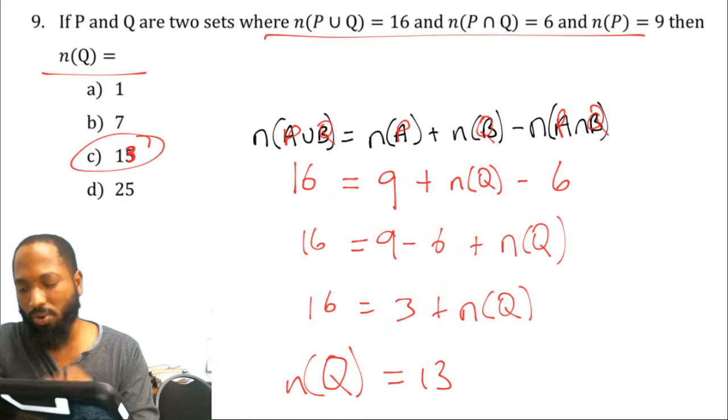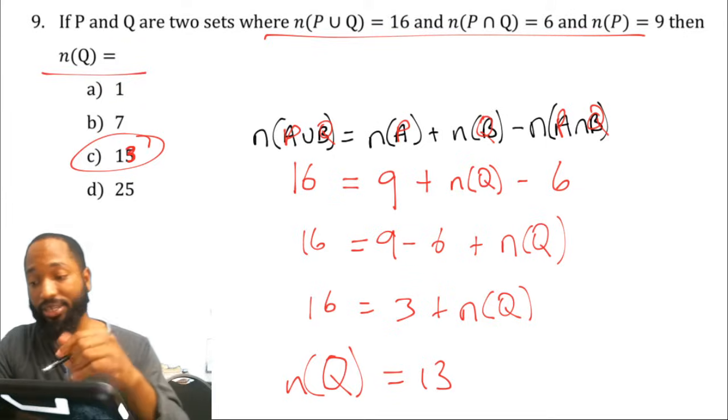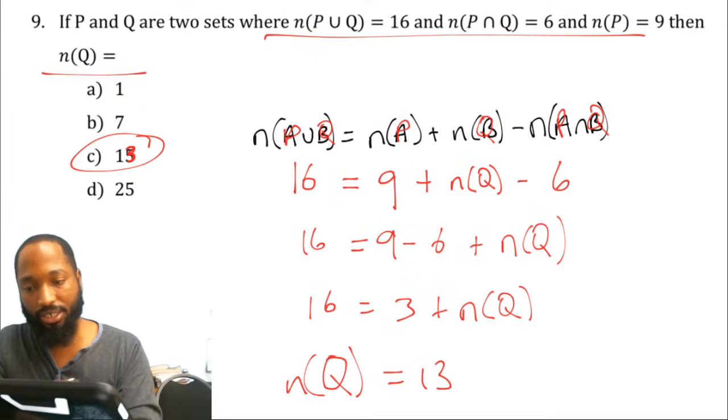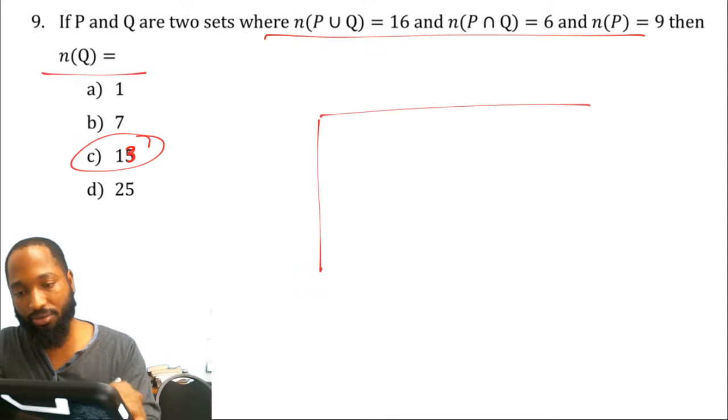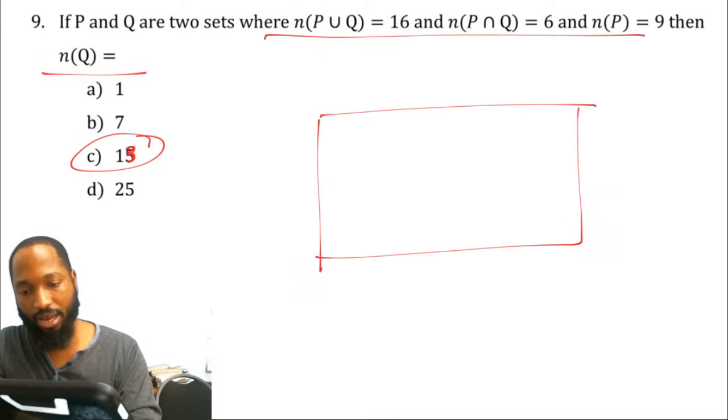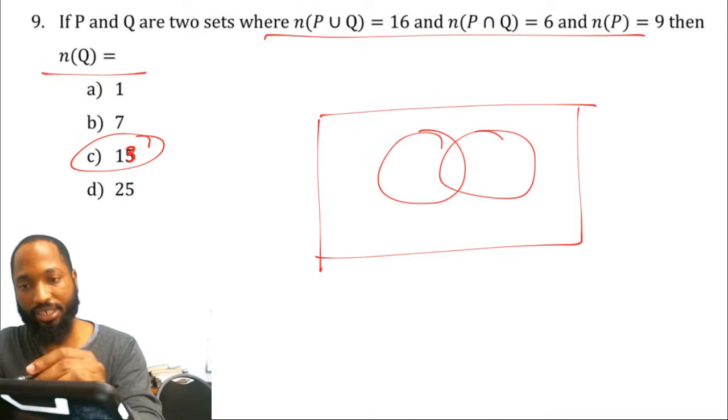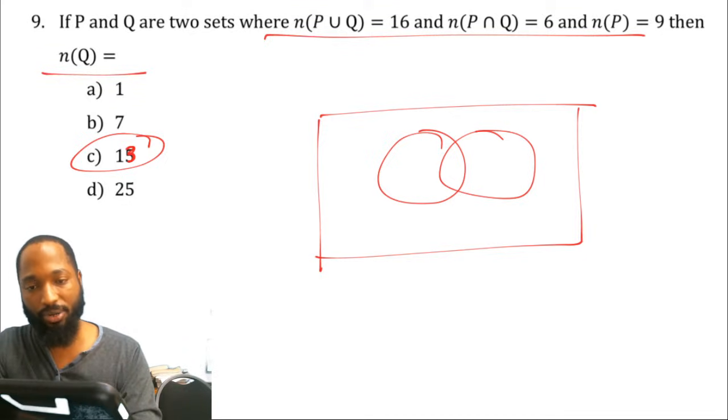Alright, so what I wanted to say with this, oh yeah, the other way that you can do this is by drawing out the graph and putting in the individual pieces, like a puzzle. So this is 6, and the number of elements in P is 9. So you have P and Q here.